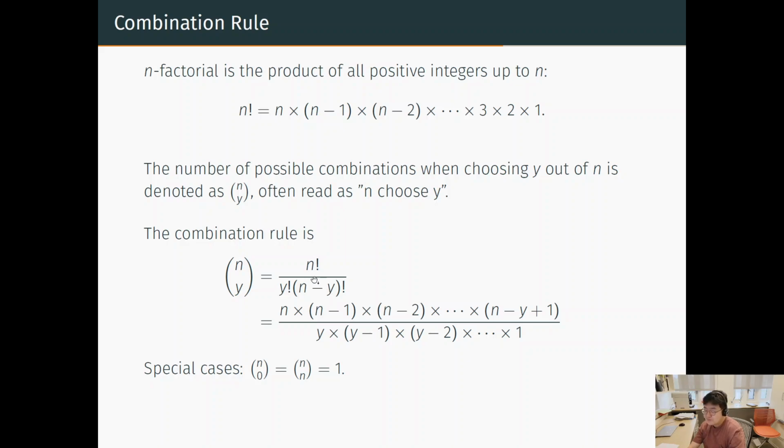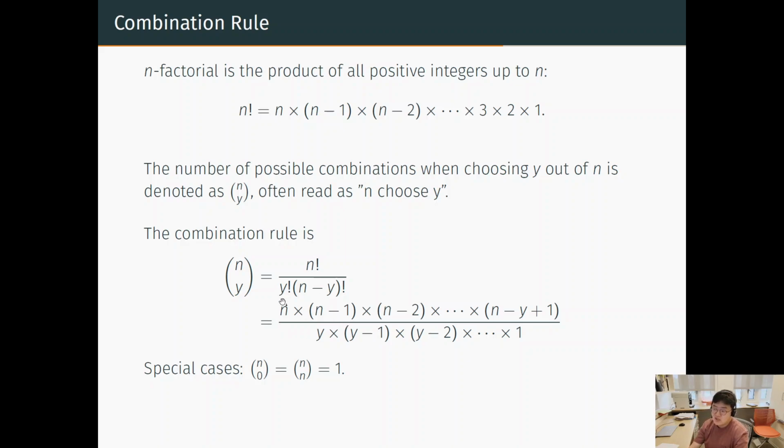The general rule is success factorial times failure factorial, but you see that n minus y down to 1 in the numerator is canceled out by the n minus y factorial. The numerator is n times n minus 1 and so on, but the smaller part is canceled out by this.